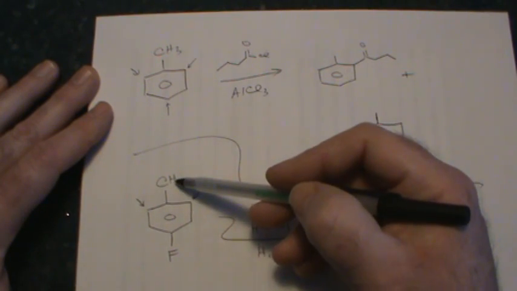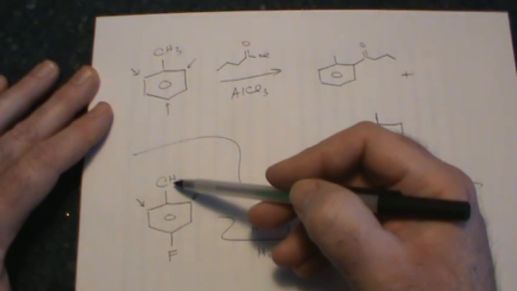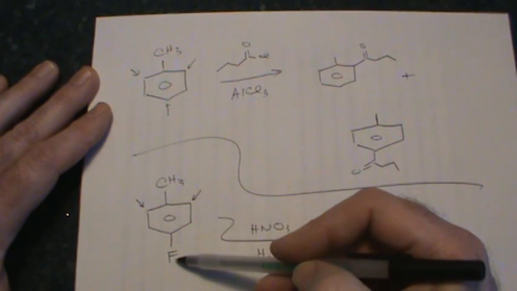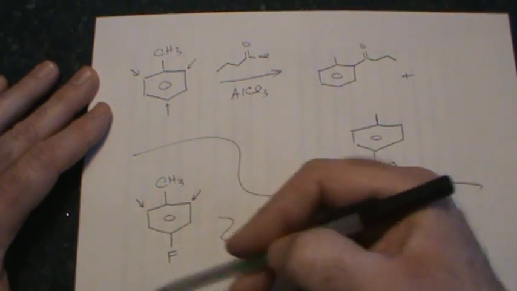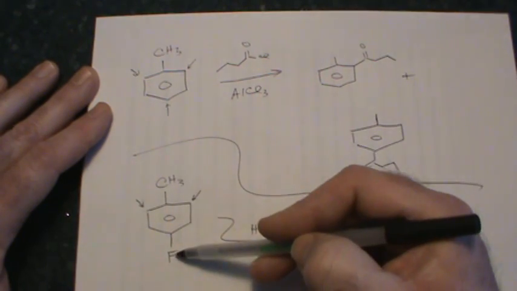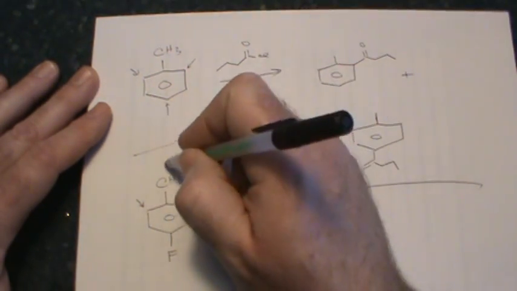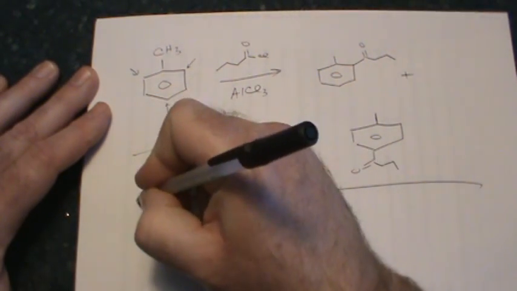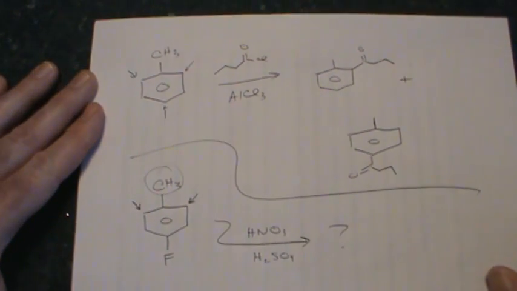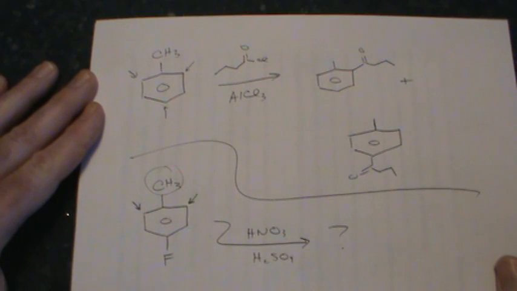Well, the methyl group is an activator, because it's an alkyl group. The fluorine is a weak deactivator. So clearly, of the two groups, alkyl versus halogen, the alkyl group is the most activating, so that's the one we're going to pay close attention to. That's the one that's going to rule the day with regards to directing effects.